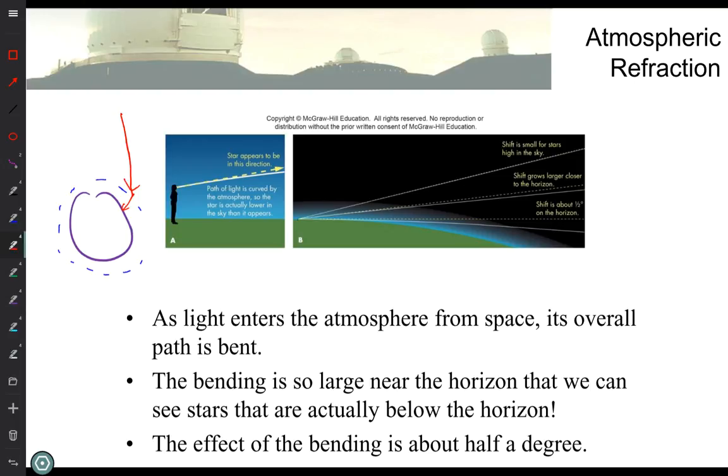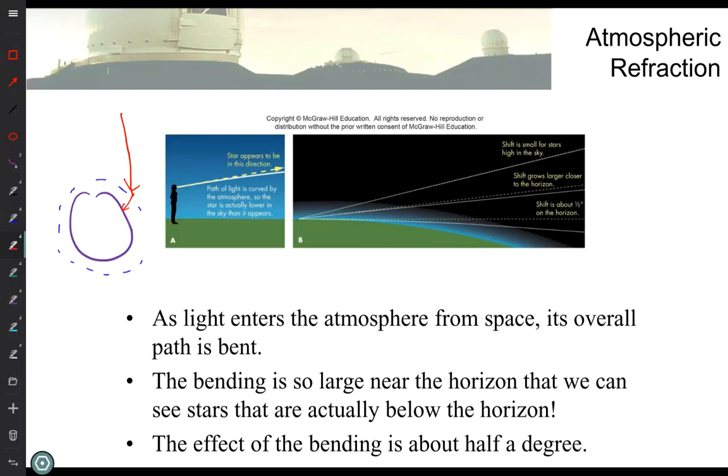So what that means from a practical sense is that when the sun is on the horizon, it actually isn't. When it looks like it's on the horizon, it's actually below the horizon because the light's coming up and then bending in toward you. So we see the sun on the horizon about 5 degrees below where the true horizon is.